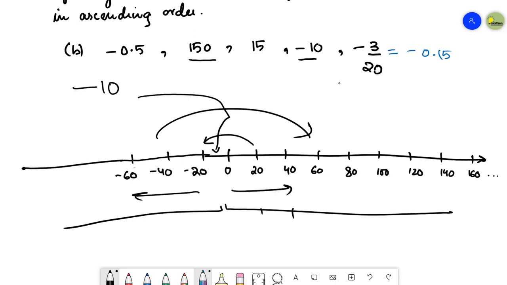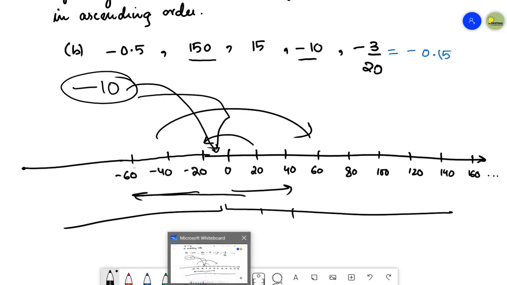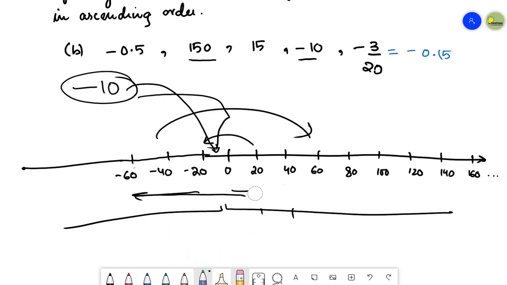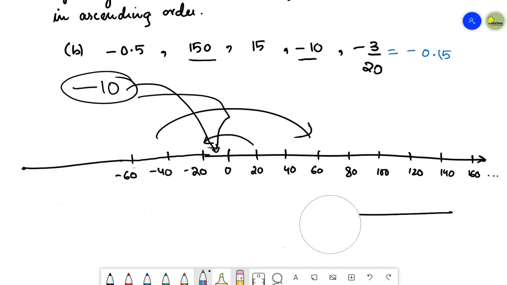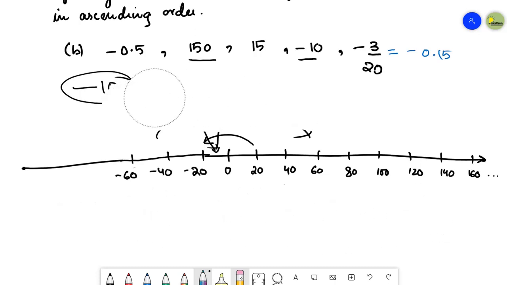Just mark as many numbers as you require as per the requirement of your question, right? So it's enough for me if I mark till minus 20. Why? Because I know that minus 10 is the smallest value and it is going to be over here between 0 and minus 20, right? So this is actually the way to draw your number line.